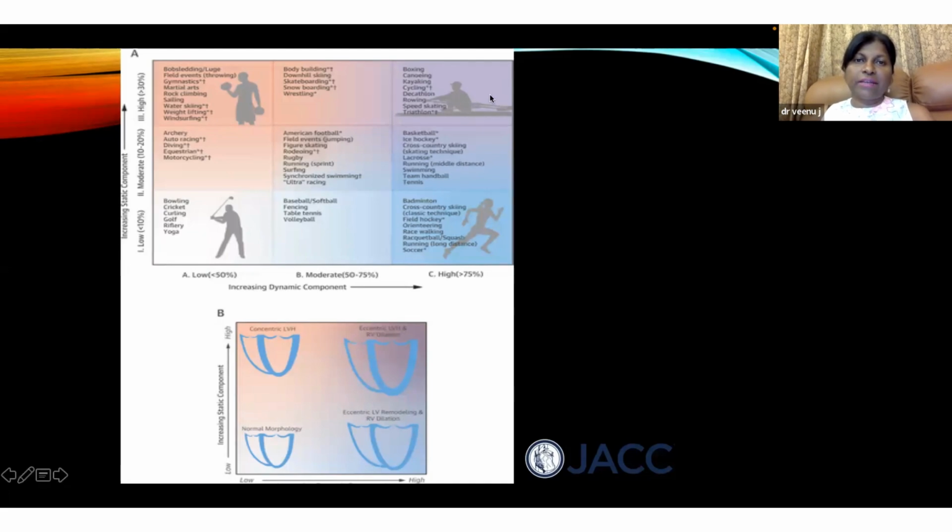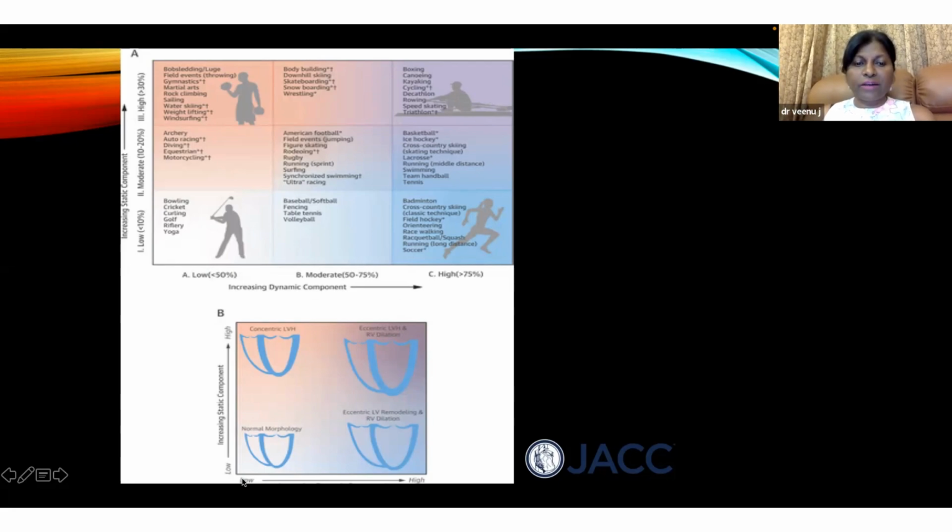Both dynamic and static being highest is in triathlon athletes. Now with Mr. Tejasvi Surya doing triathlon, all of us are geared up about triathlon athletes. They are going to have a lot of changes in the heart muscle as part of remodeling. Kayaking, cross-country skiing, and cycling are the sports which are going to have the maximum amount of cardiac remodeling.